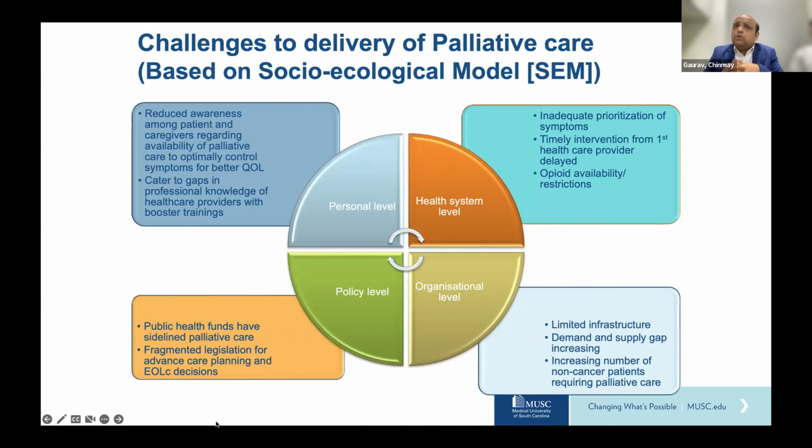By the time they come to palliative care, they are not left with much funding, and that led to a lot of financial toxicity. Also, because of fragmented legislation with regard to end-of-life care and advance care planning, patients faced difficulties in having a dignified and comfortable end-of-life care.